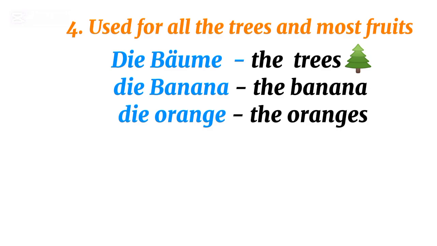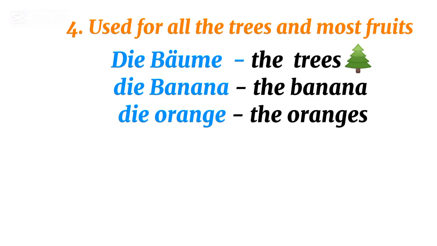Of course, there are some exceptions, though it's not so big, but almost 97% of fruits, they are given the female article, which is die. Okay, the same to trees, all types of trees, all types of fruits, flowers, they are given a die article.